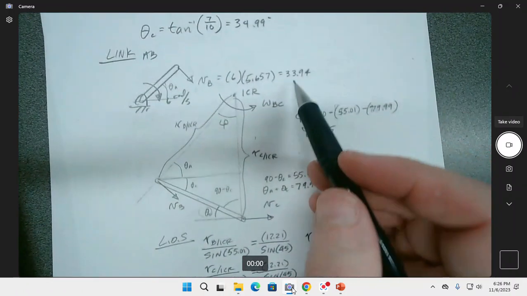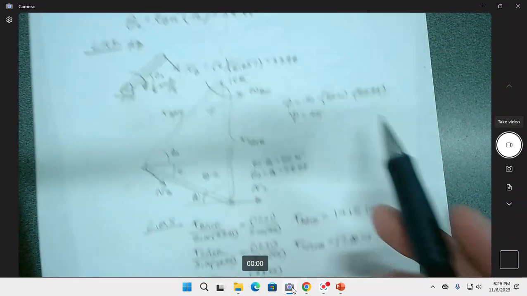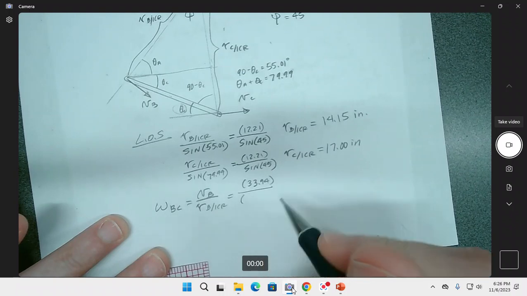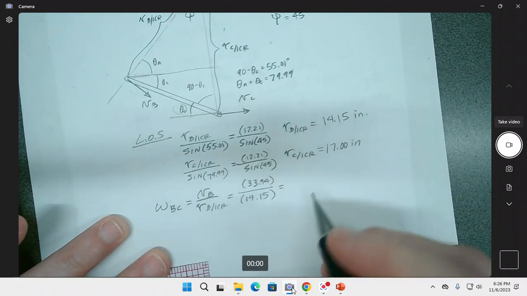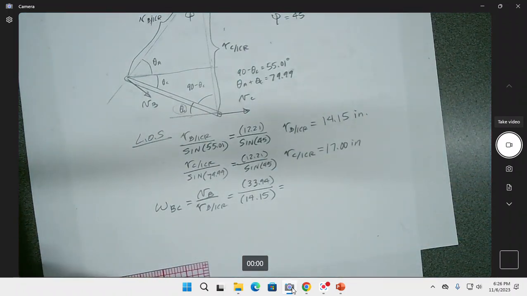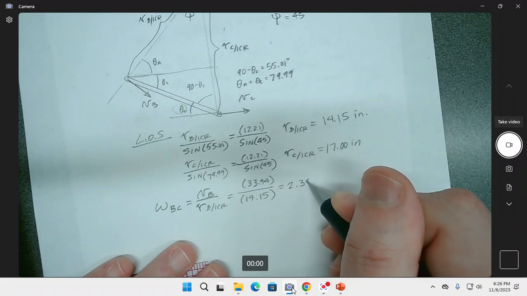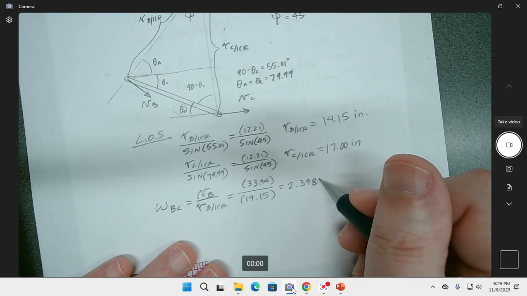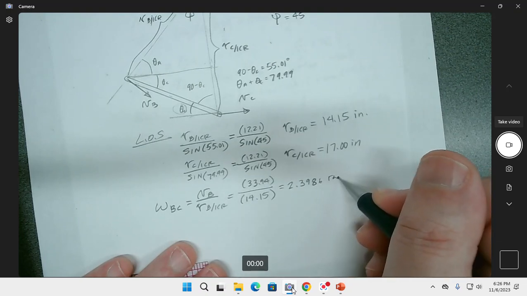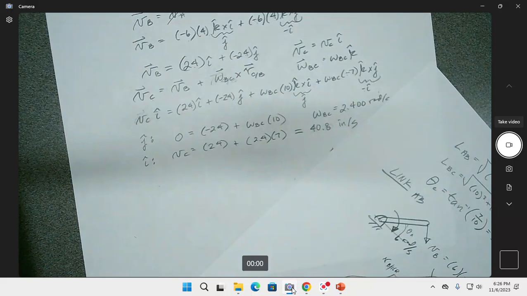These numbers look too similar to me, like a little bit of non-permanent dyslexia. 33.94, 14.15 divided, and I get an omega of 2.3986 radians per second, and I think that's what we got before, yeah, 2.4.